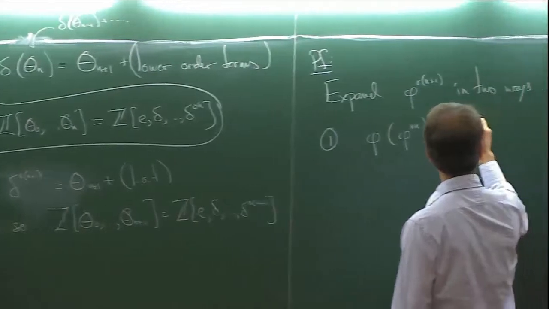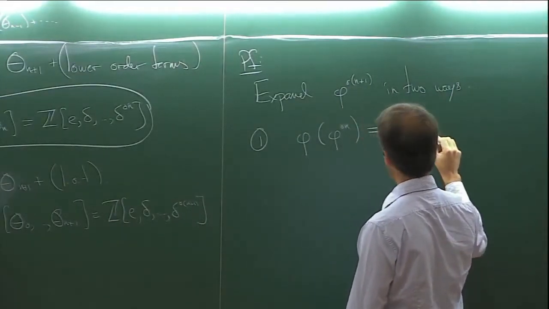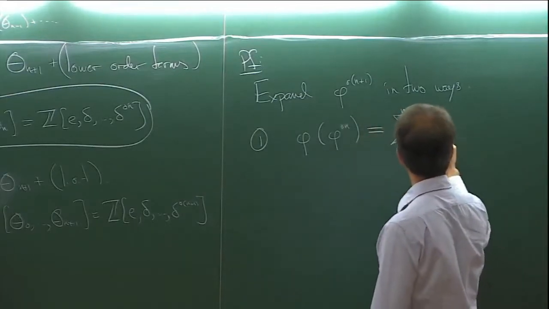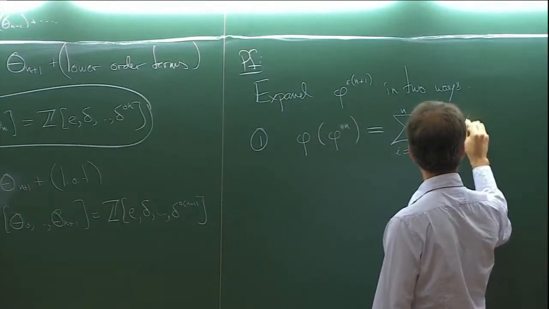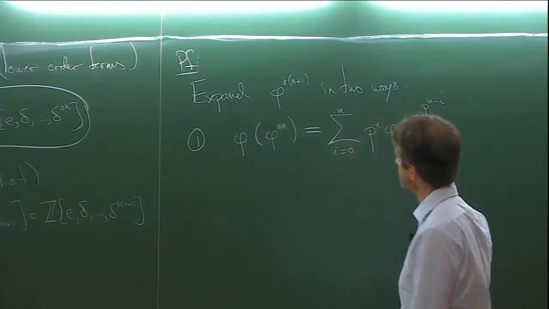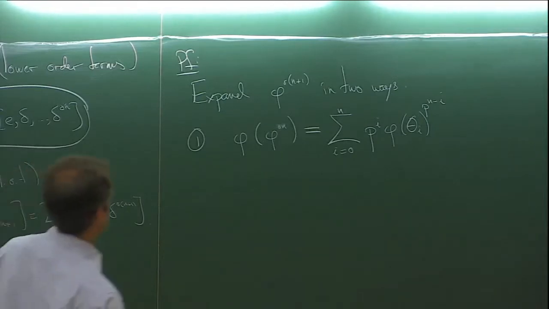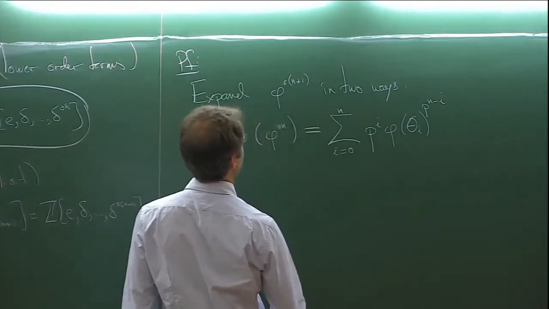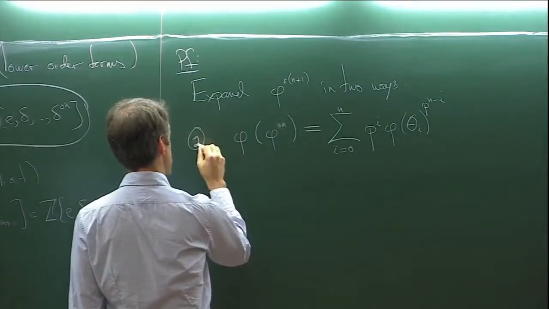So we can just write this as the sum, i goes from 0 to n, of p to the i, phi of theta i, all to the power p to the n minus i. Actually, hold that thought, that will be number 2, which will be a little more involved.